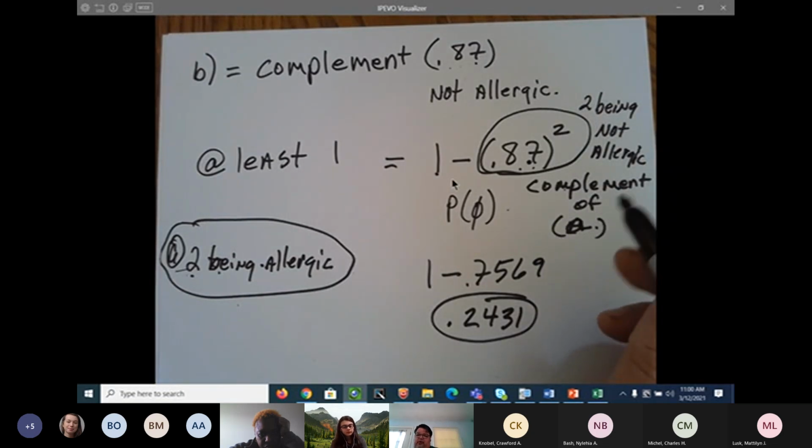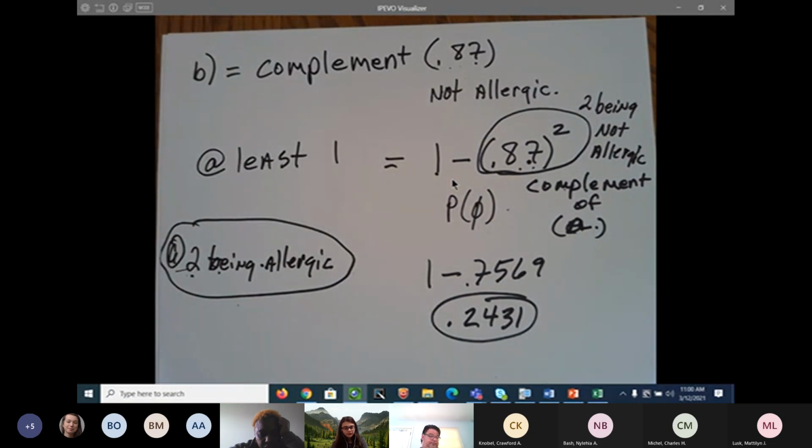This is not one of my favorite questions, and I do not put this on the test because it confuses a lot of students. So my suggestion to you when you do this problem: I was trying to explain it to you, and then they turn around and do it the opposite way. So my suggestion is to take the complement of the original question, square it, and subtract it from 1. So I'm going to write that down for you.